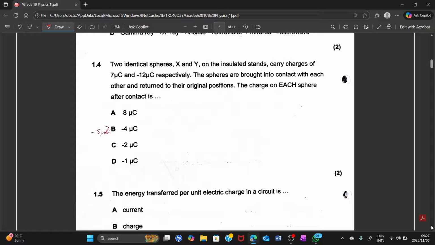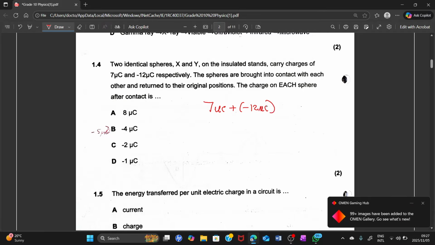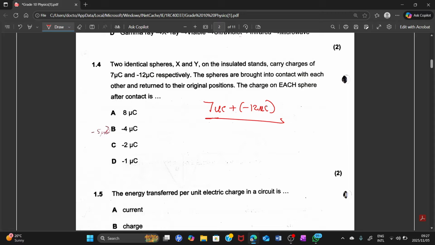The charge on each sphere after contact is. All right, let's try to see. Multiple choice, you don't just choose. You start by calculating. Let's add this one, minus 12 coulomb, and then let's divide by 2.